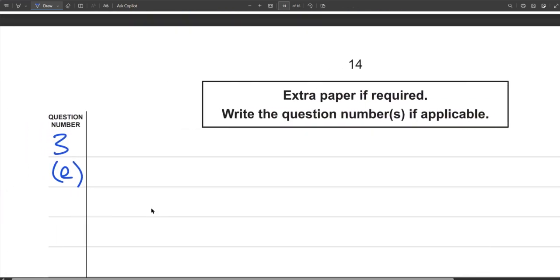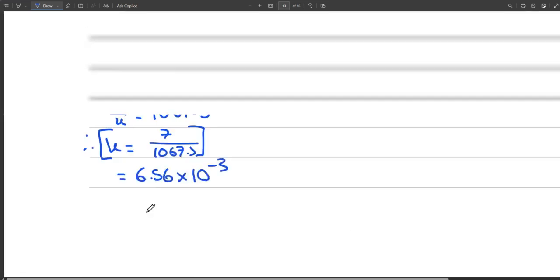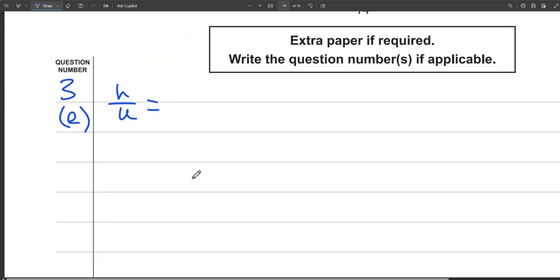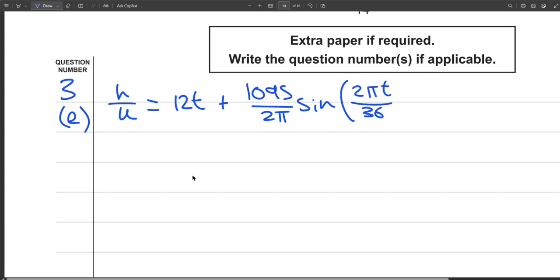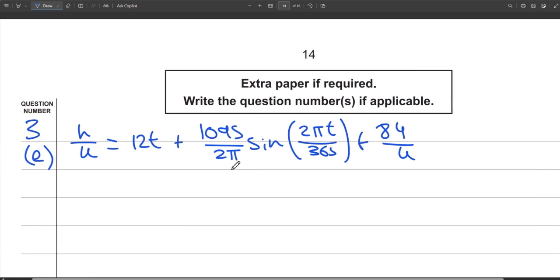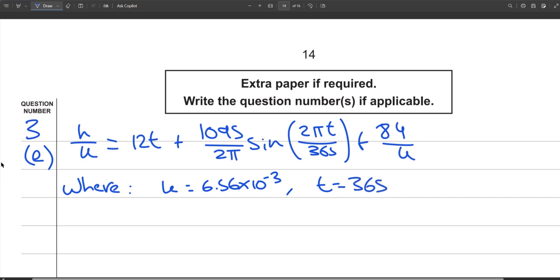We know that h on k is equal to 12t plus 1095 on 2 pi, sine of 2 pi t on 365, plus 84 on k, where k equals 6.56 times 10 to the minus 3, and t equals 365.